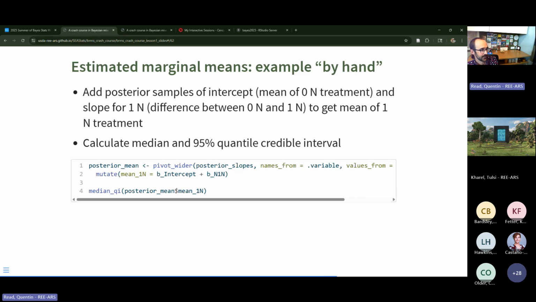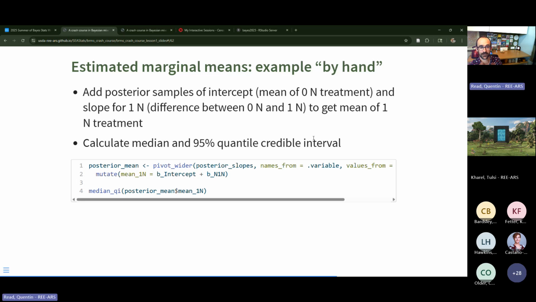We did that in a manual way by adding the intercept, the mean yield, because the zero nitrogen treatment is our intercept level, and then our slope for 1 is the difference between 0 and 1. So if we add our zero mean to the difference between 0 and 1, we get our mean for level 1 of nitrogen.